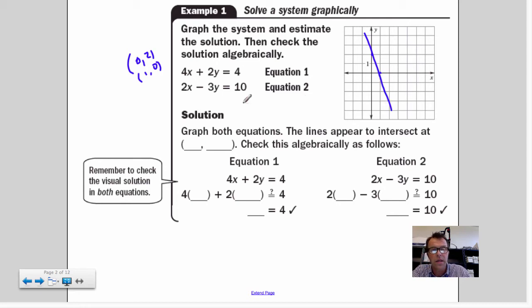Ruler would be nice here. Second equation, I might not do the intercept form because the 3 kind of throws me off. I would probably solve this for y, and I think you should get y equals 2/3 x minus 10/3.